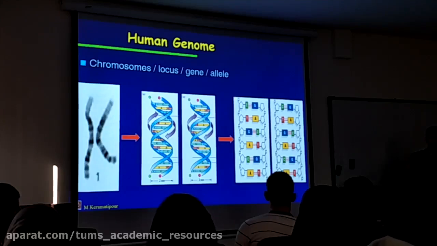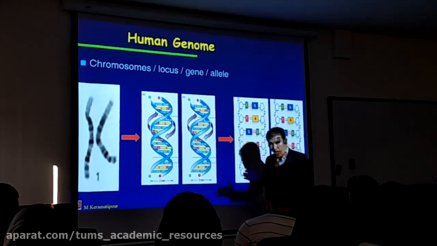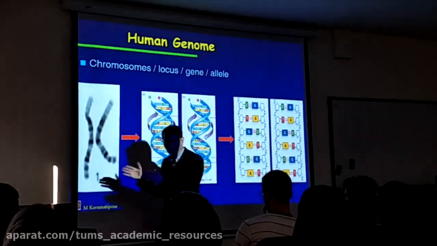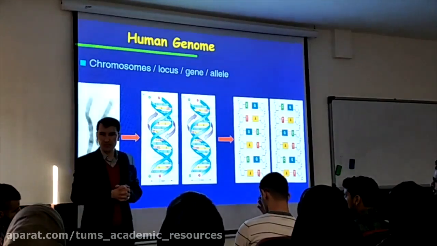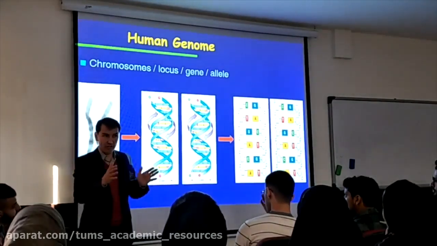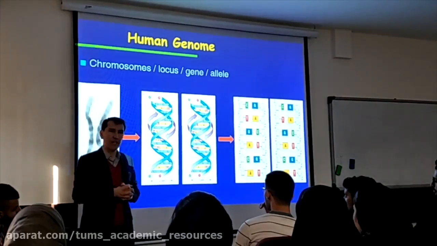For some genes or some sequences, if we start from prokaryote to eukaryote to human, you will see exactly the same sequence. So they are very conserved. You see exactly the same nucleotide at those positions.